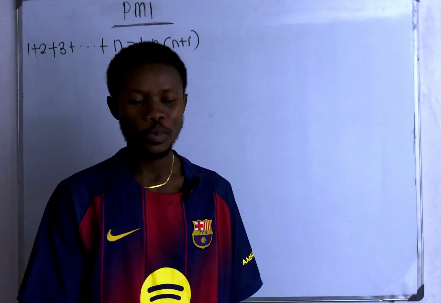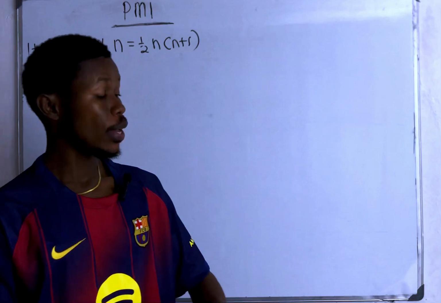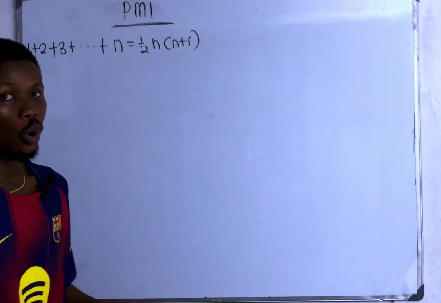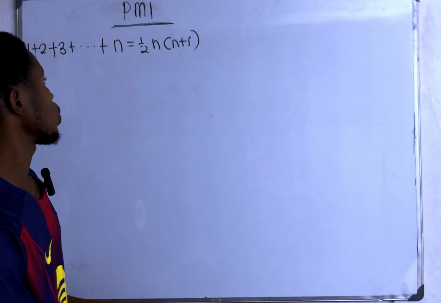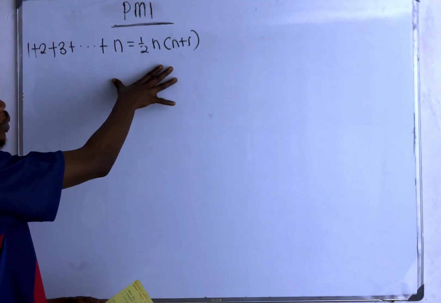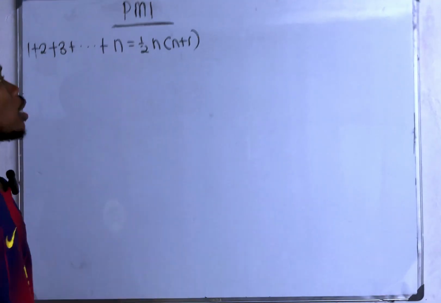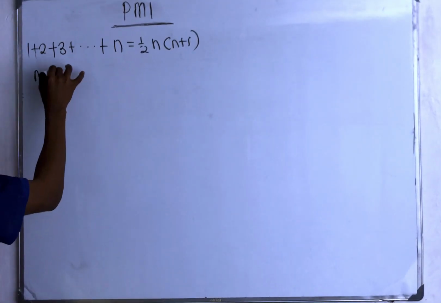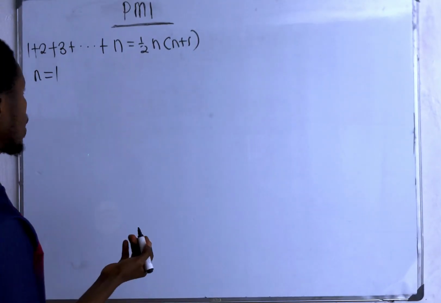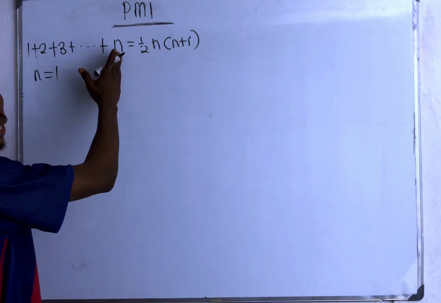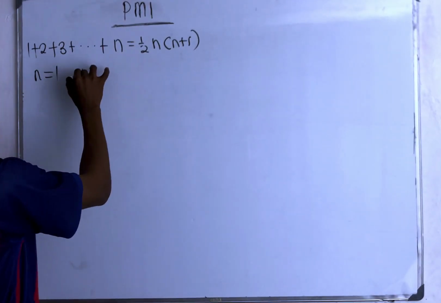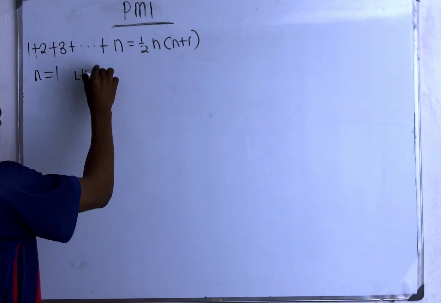The example is like this. Prove by PMI that this is true for all natural numbers. So you want to prove by the principle of mathematical induction that this is true. For the basic step, first you say let n equals 1. What do you mean by let n equals 1? We have n at the left and n at the right. Let's consider the left hand side first.